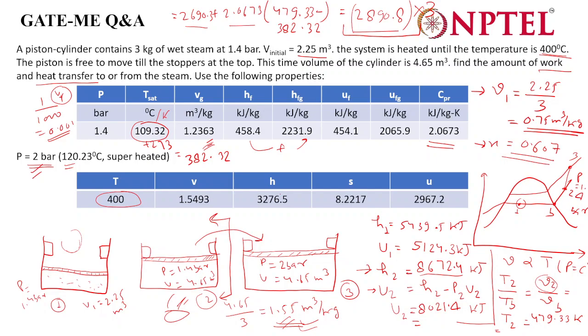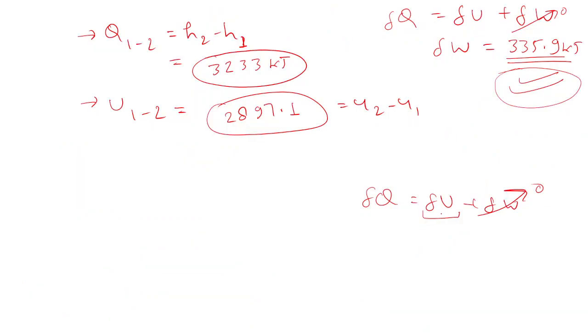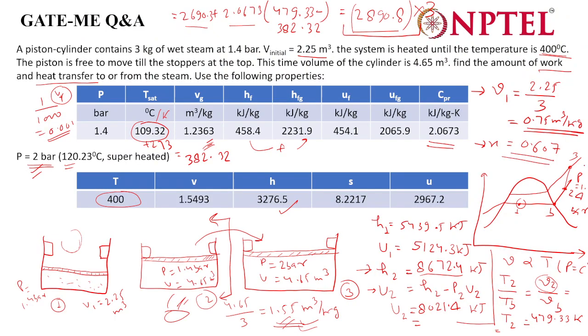So we know H here, and you have to find the difference in the internal energy from 2 to 3.